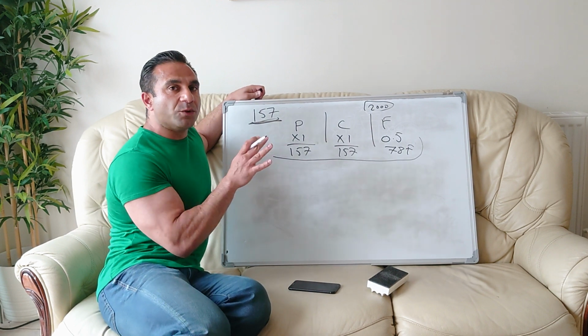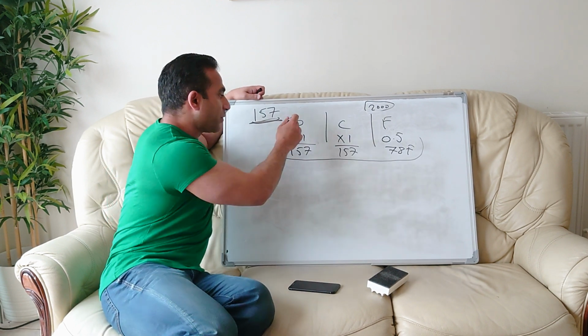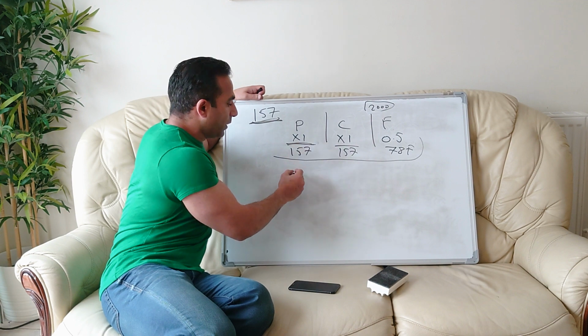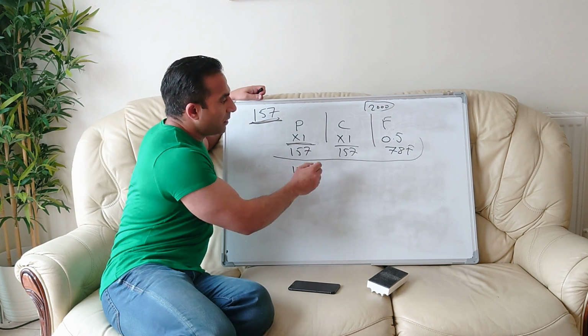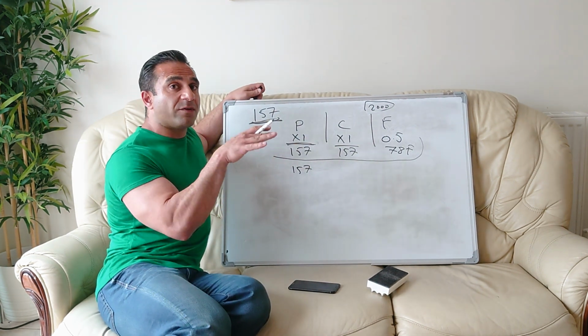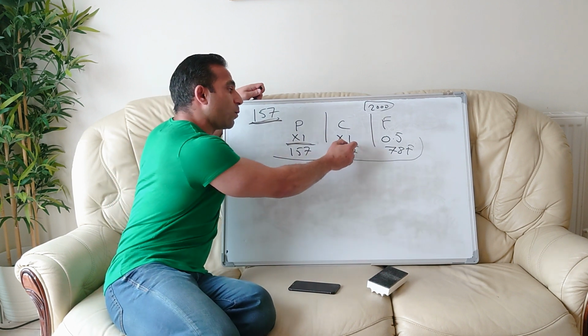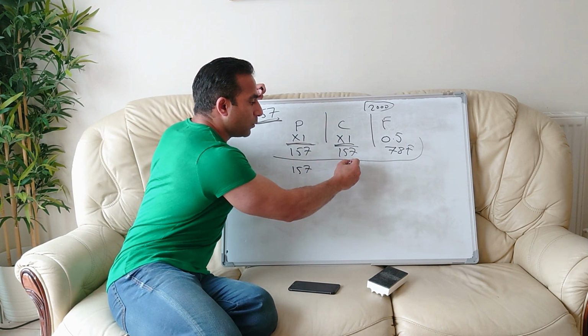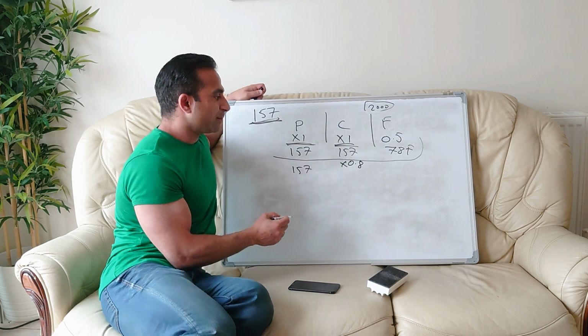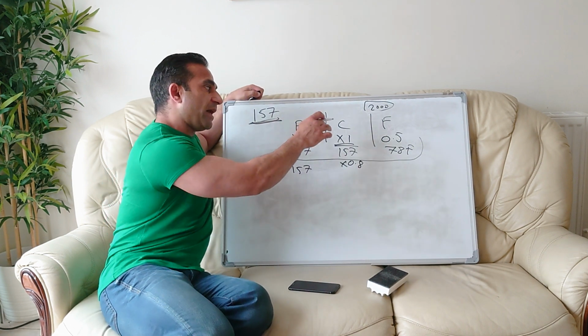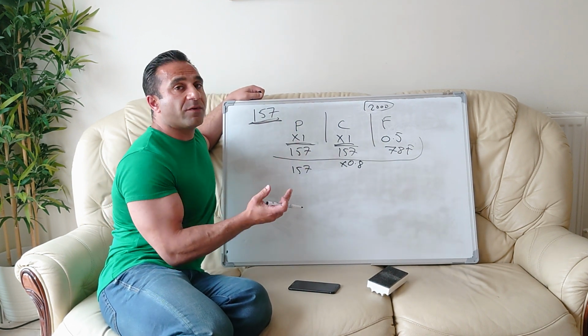But this time around I'm going to do things slightly differently. So protein is still going to be multiplied by 1, so 157. The carbs this time around I'm going to have a little bit less, so instead of multiplying by 1, I'm going to multiply by 0.8. And the fats, this time I'm going to have a bit higher.